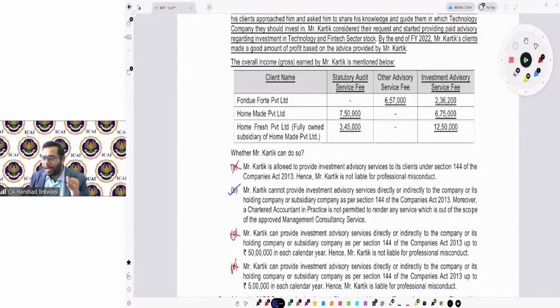For the audit clients that are not public interest entities, the limit is 40%. And where the public interest entity is there, the limit is 20%. But that is only with respect to reporting.